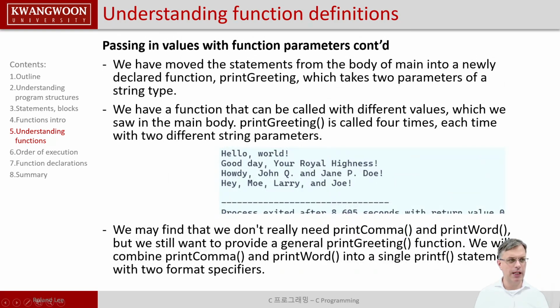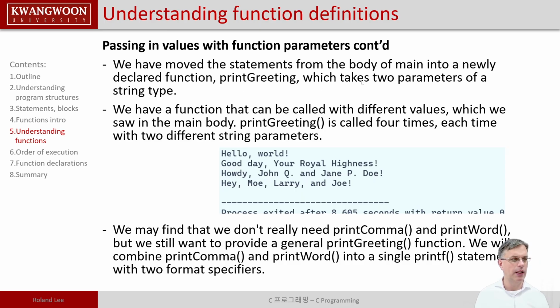Okay, so passing values in with function parameters, we still continue. Wow, that's a hard job this time, but not much more to do. Now, we have moved the statements from the body of main into a newly declared function print_greeting.